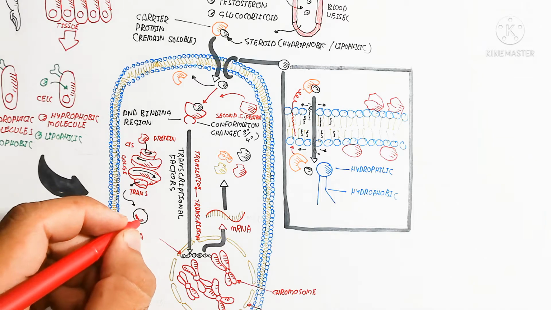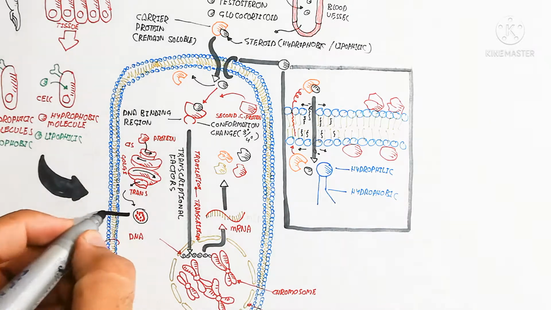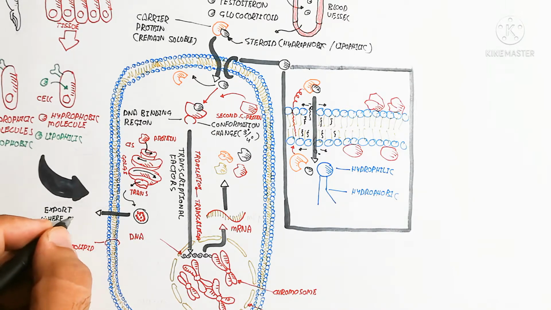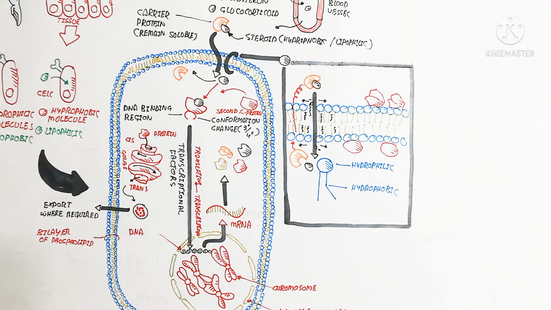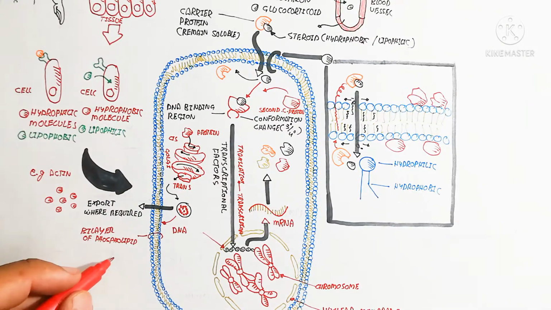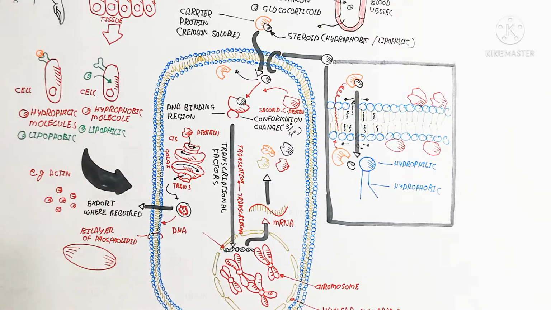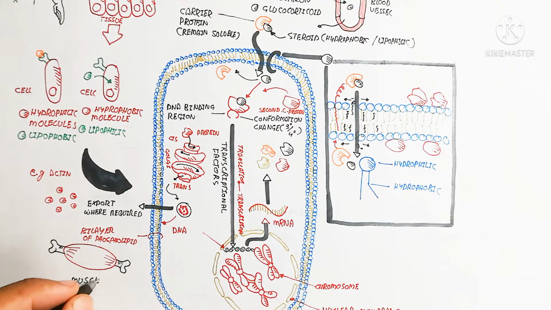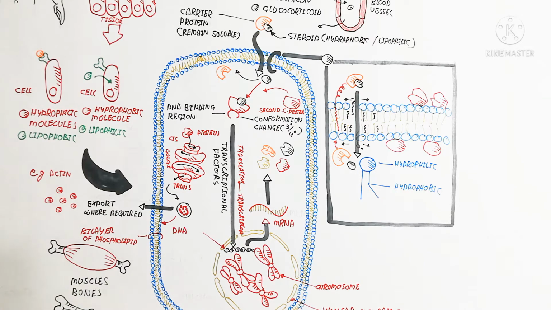This vesicle is exported outside of the cell by exocytosis, into the blood, where the bilayer of phospholipid is involved in exocytosis. It is exported into the blood and received by muscle cells, bone cells, skin cells, hair follicle cells, or others used for development and growth.